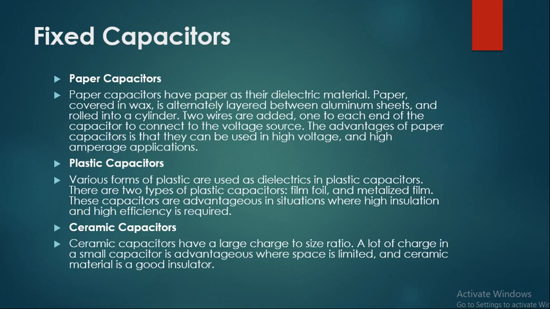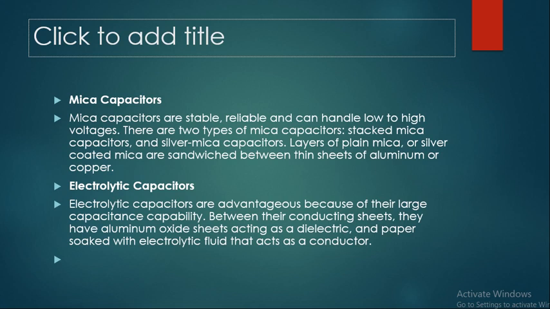Next is ceramic capacitors. Ceramic capacitors have a large charge to size ratio. A lot of charge in a small capacitor is an advantage where space is limited, and ceramic material is a good insulator. Next is the mica capacitor.